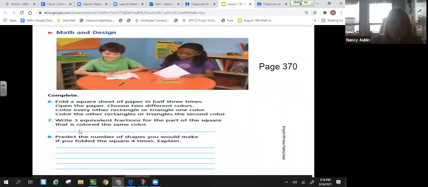So listen to what you're going to do. You are going to choose 2 different colors, any colors you want. You're going to color every other rectangle or triangle 1 color and color the other rectangles or triangles the second color. I will show you what I mean. You need 2 different colors.